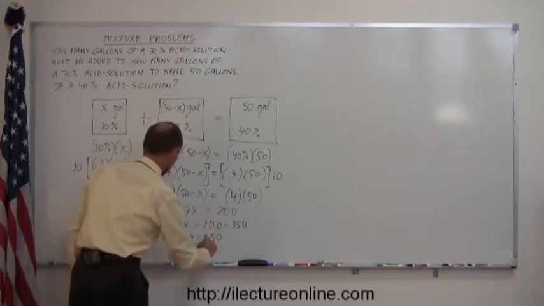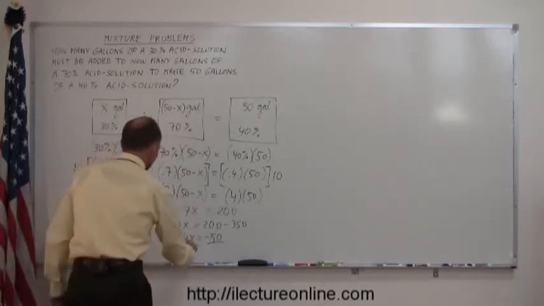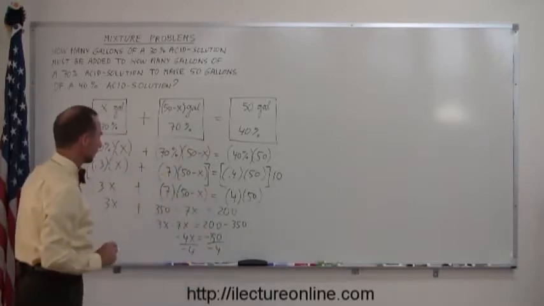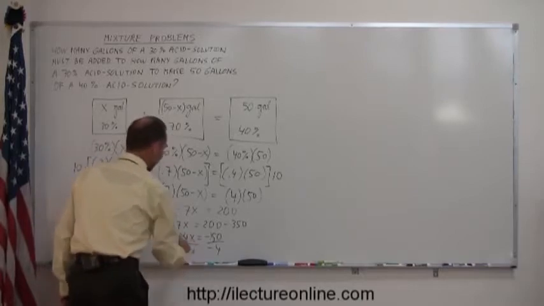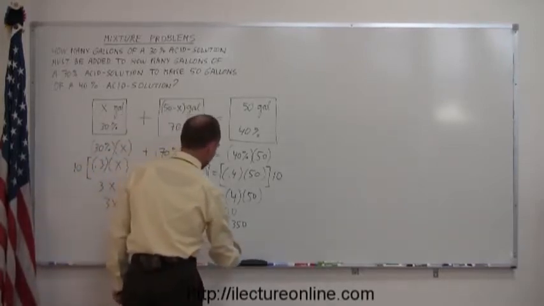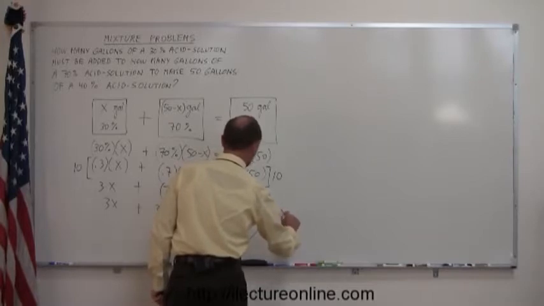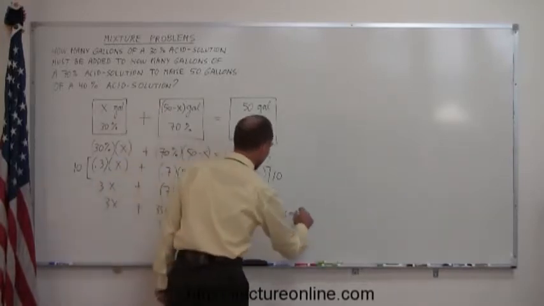Divide both sides by minus 4. The minus 4 cancels, and 150 divided by negative 4 gives me x is equal to 37.5.